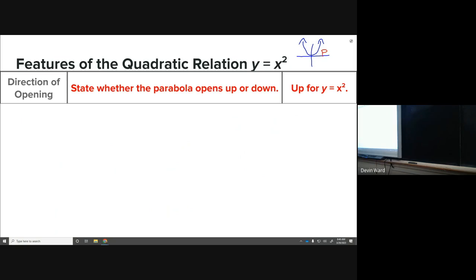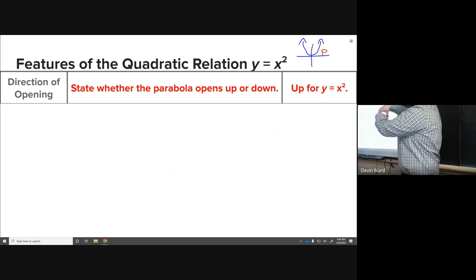If it were to open the other way, it's facing down, and that almost looks like a big S. So it opens down. Okay, so U, the opening is up. Go the other way, it's opening down.